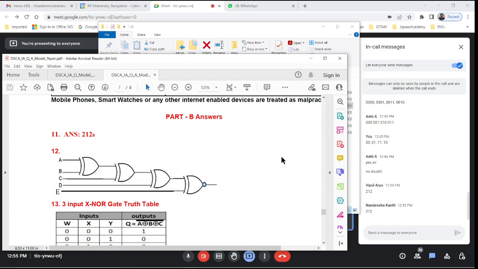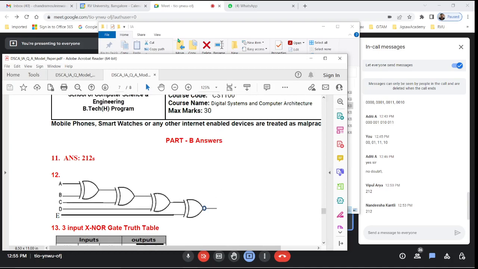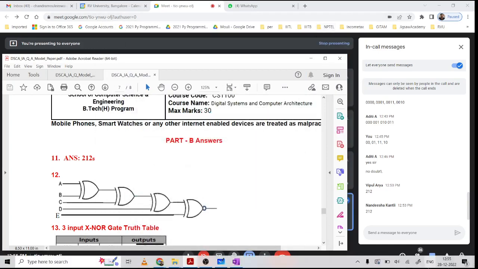What was asked was odd parity, so there will be a NOT only at the end. Please don't put any NOT inside. And this circuit is already given for 4-bit. So for 4-bit, you have to add one more gate and then put the NOT at the end of it, and this will be the circuit. Okay, I hope it is clear. Please refer to the relevant section, I think 2.2 is where we learned about this. Please read about it. I don't think I need to explain anything further.